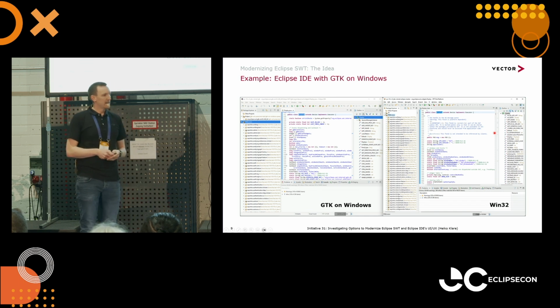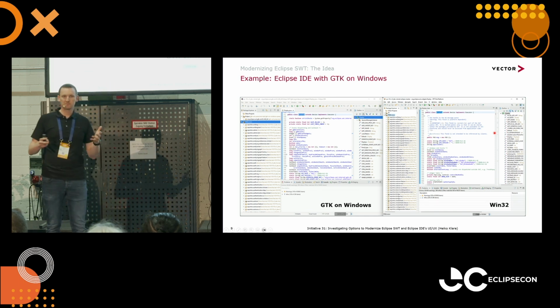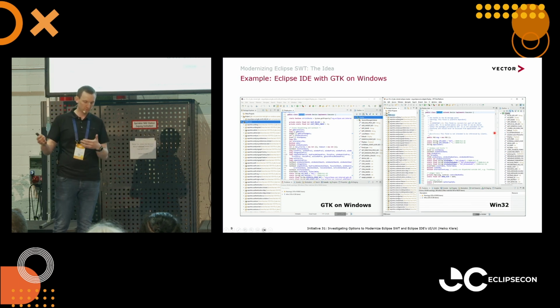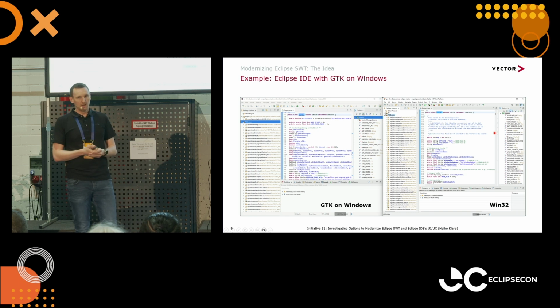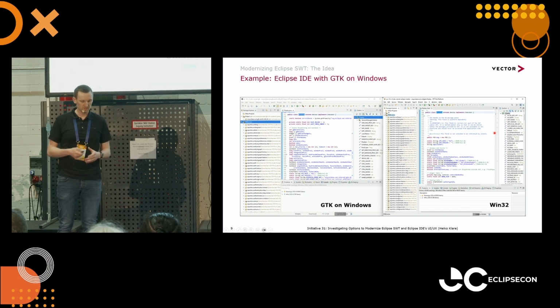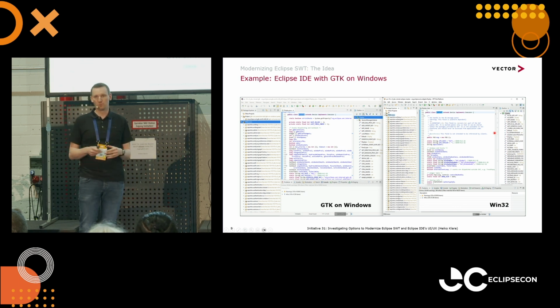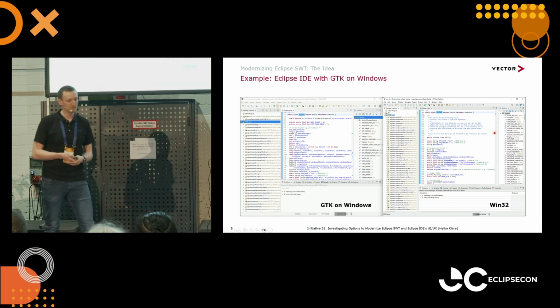And one other interesting aspect here is that the Eclipse IDE, of course, is a cross-platform product, right? We do it for Linux, for Windows, and for macOS. We at Vector, our product called Prevision, is a Windows-only product. So we only build it on Windows machines for Windows operating systems. So I thought if I tried to run it on GTK, it would never work because of dependencies on OS specifics.